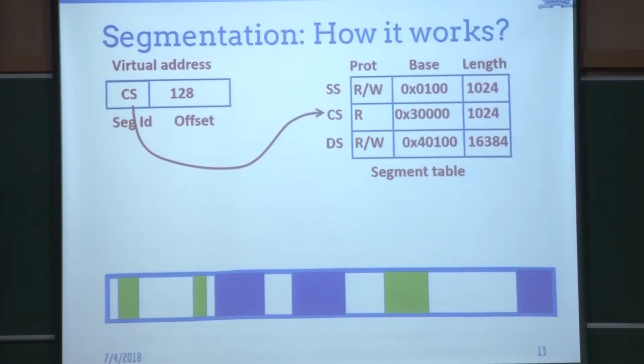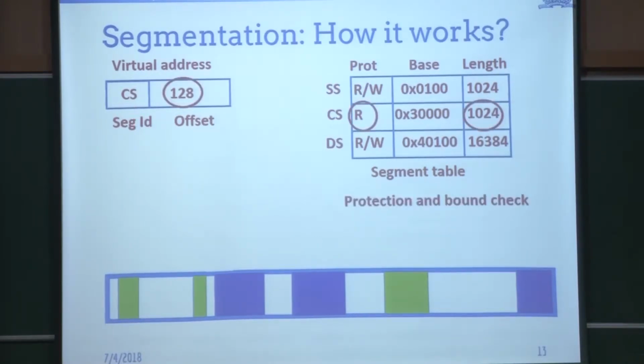When you translate, you take the segment ID and look up the segment table, and you also ensure there is protection information. For example, if it was a read only segment and you try to write onto that code, there will be a fault. There is also the length register, making sure that the offset does not go beyond your length.